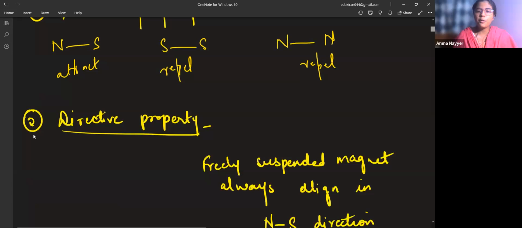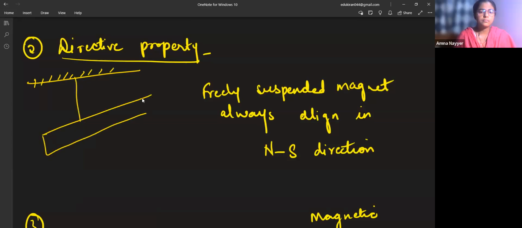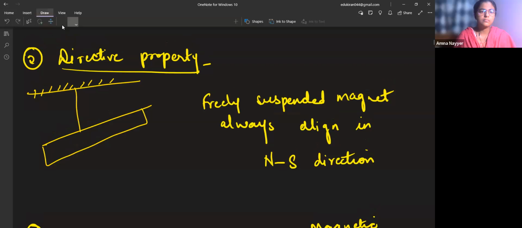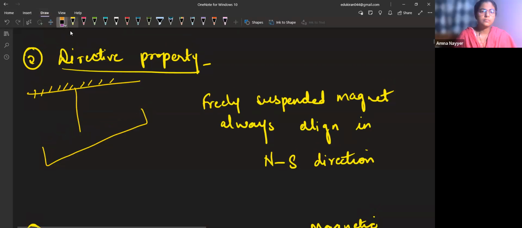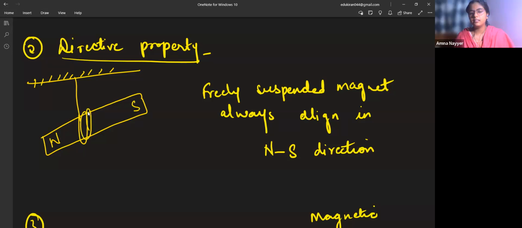Then directive property means, see, suppose I have taken a bar magnet with a north pole and a south pole, and I've tied it with a string and kept it freely suspended like this. Initially, the position of the bar magnet is like this.